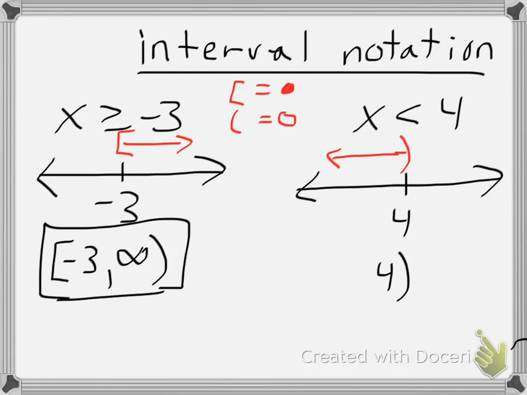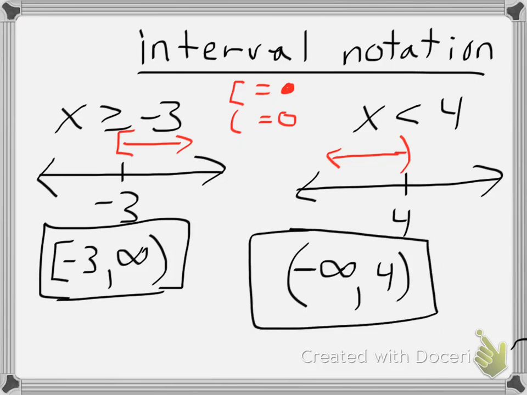And again, it gets a parenthesis since it's less than but not equal to 4. Since we're going to the left, everything is less than 4, so we have a negative infinity, and infinity always gets a parenthesis. So we have our interval notation.